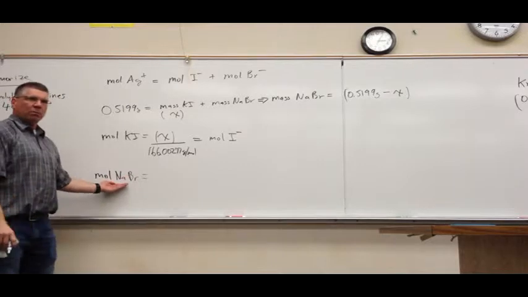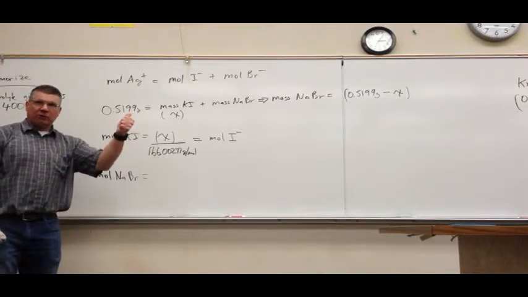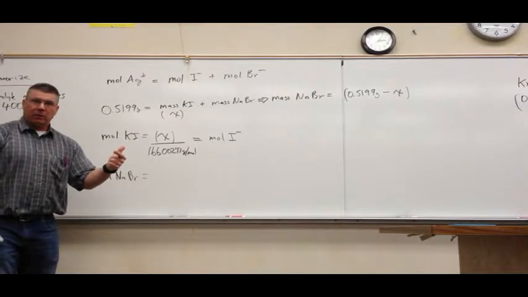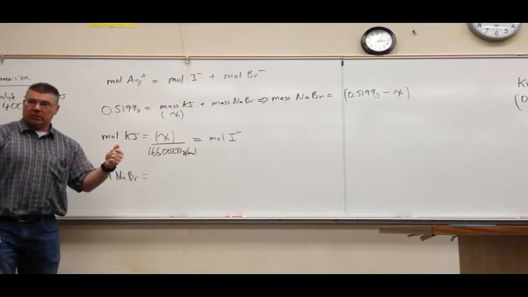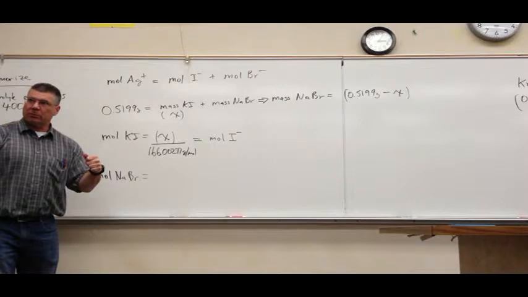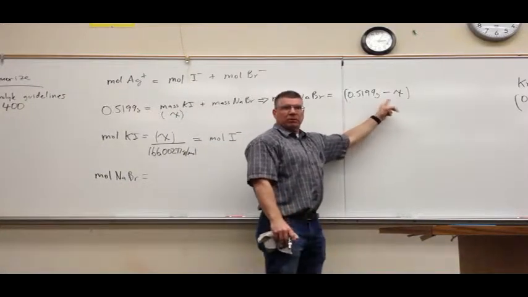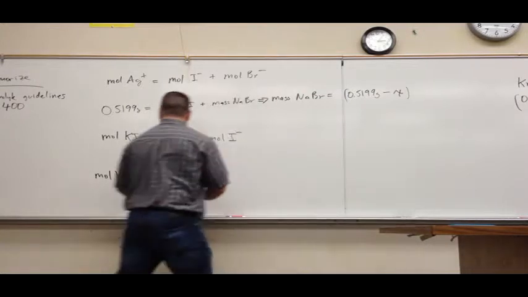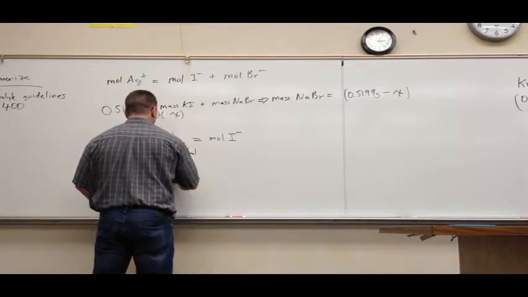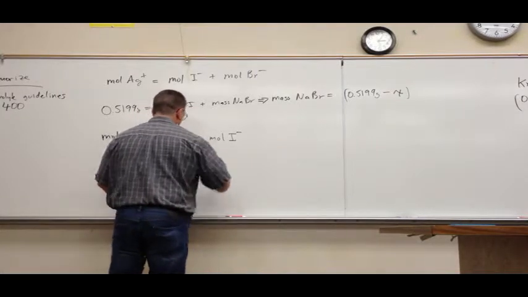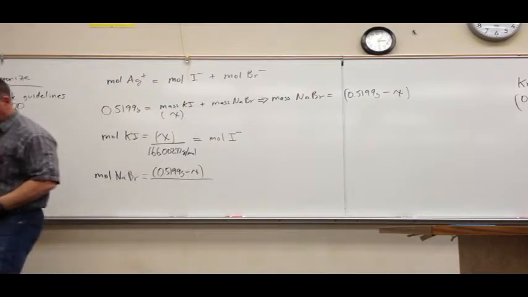The moles of sodium bromide is going to be the grams of sodium bromide divided by the molar mass of sodium bromide. Okay? Grams over grams per mole. The mass of sodium bromide is just this. It has X in it, right? Mass of sodium bromide.